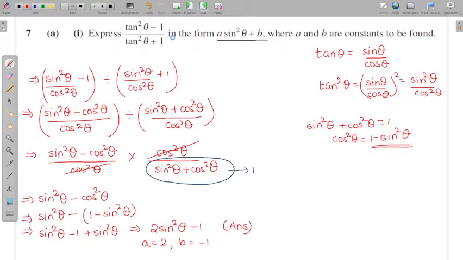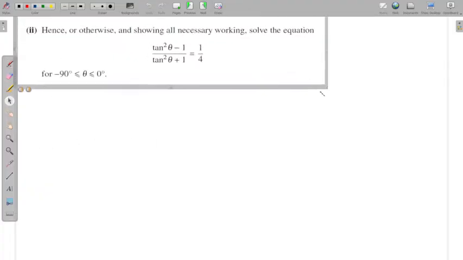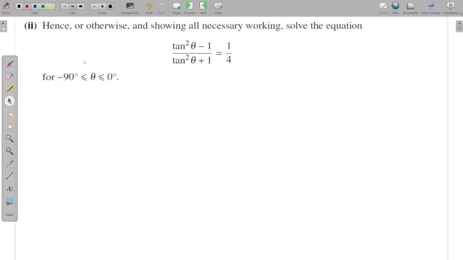Now let's move on to part 2 of this question. So they have said hence or otherwise, and showing all the necessary workings, solve the equation tan squared theta minus 1 by tan squared theta plus 1 equals 1 by 4 for this range of theta.